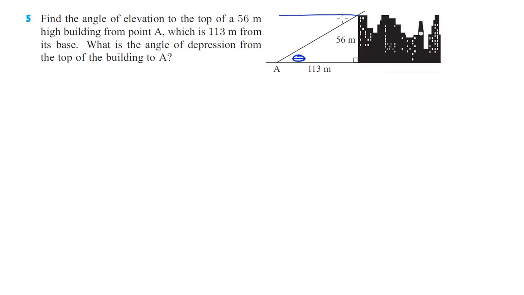If you'll hopefully notice, these two lines are parallel, this line and this line, so those two angles are going to be the exact same. From this angle, this side here is the opposite, and this is the adjacent. With SOHCAHTOA, opposite and adjacent is tangent.